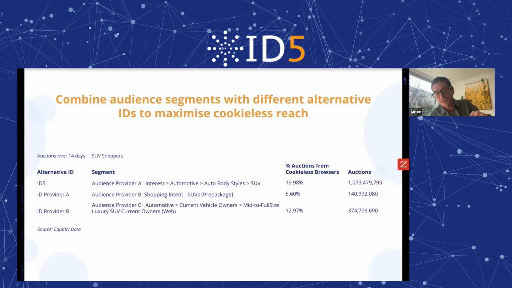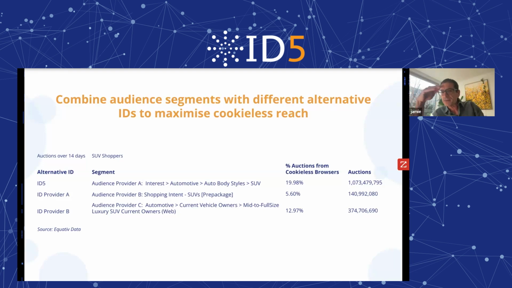And then what you can do is combine 3 different segments with 3 different IDs. Different IDs will have different footprints on supply, right? It's not going to be totally additive, but it's not going to be totally overlapped.